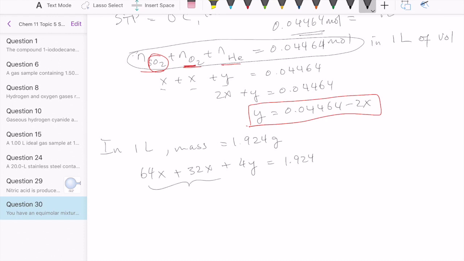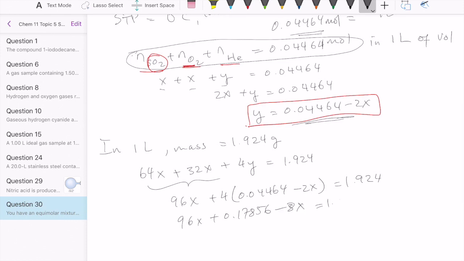I can add these two together to make 96X. Instead of Y, I can substitute in the term I had from my first equation, 0.04464 minus 2X, and that would be equal to 1.924. I get 96X plus 0.17856 minus 8X equals 1.924.